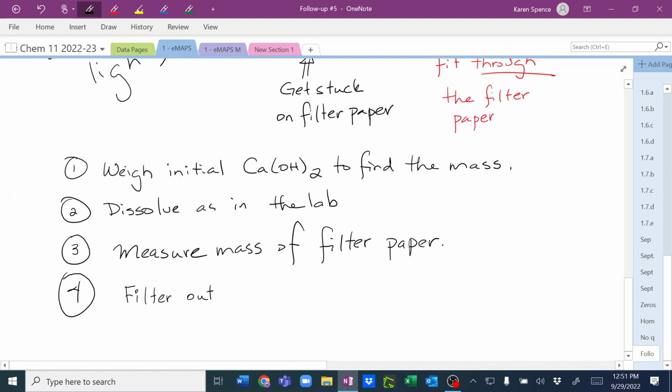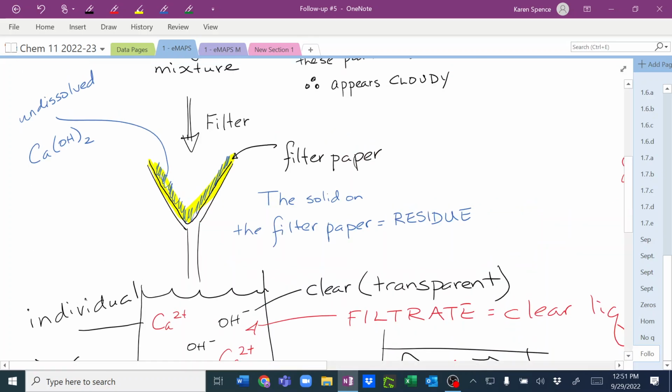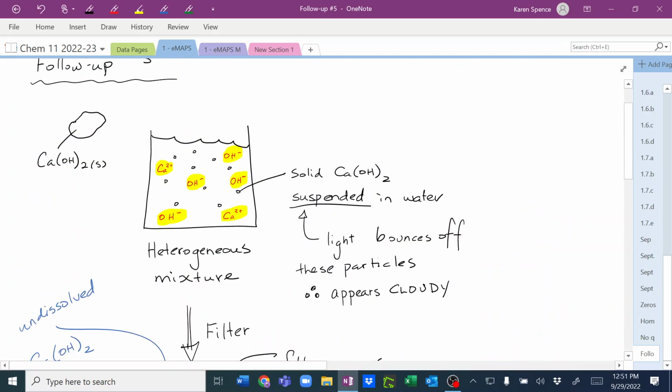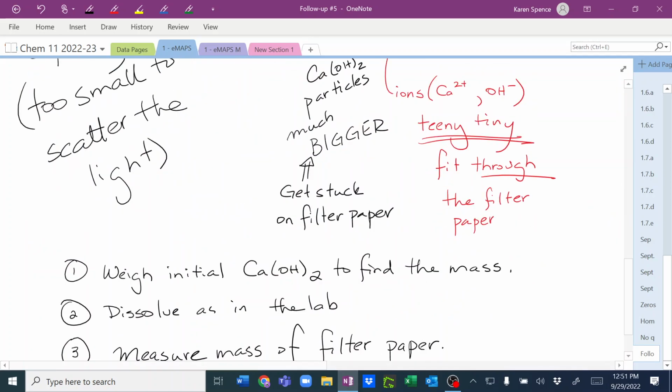We're going to filter out what we are trying to get rid of in our heterogeneous mixture: the undissolved CaOH2.